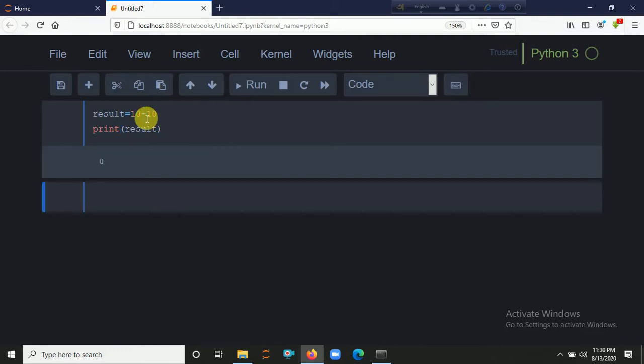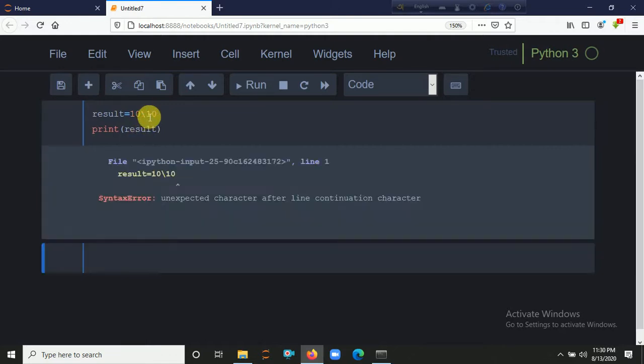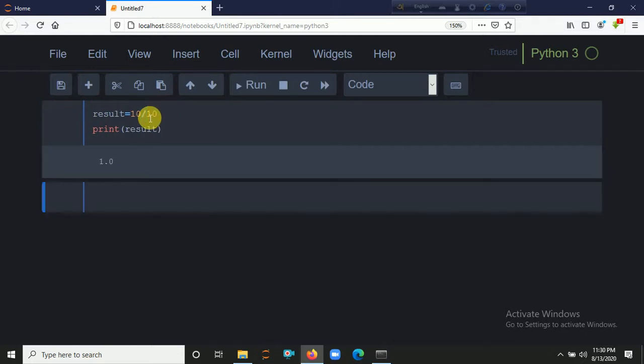If you put minus here, you can see 0. Then multiplication, so you can see 100. Put division here, so you can see 1.0 as a floating point number. So when we divide any number, it will give you a floating point number.